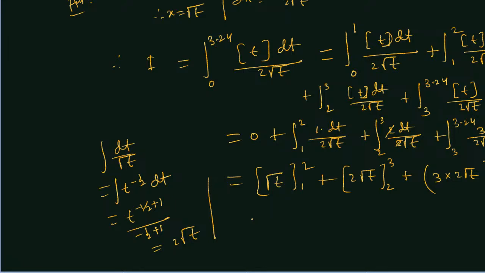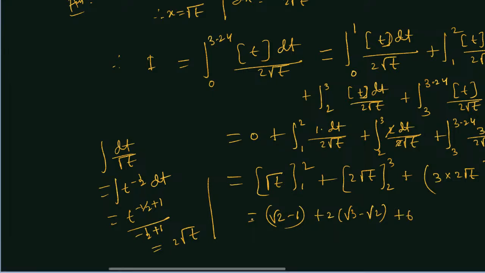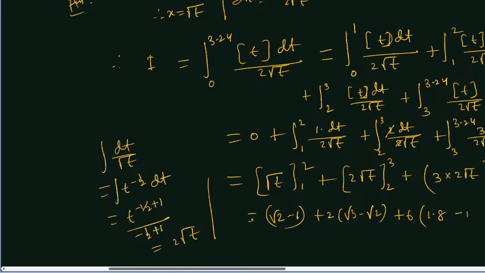Okay, now put it there. Root 2 minus 1. 6 into root 3.24 is what? 1.8, minus root 3, approximately 1.73, or keep it as root.